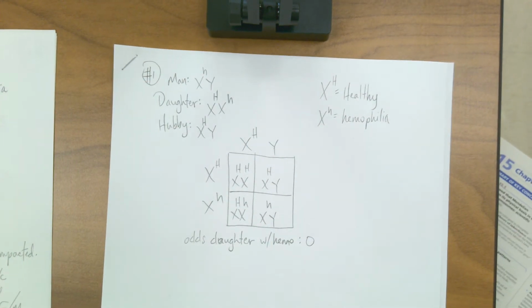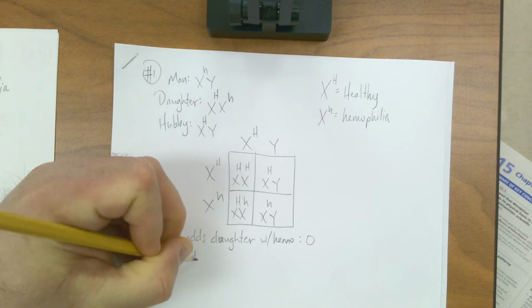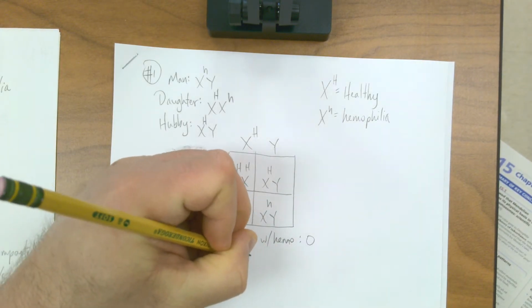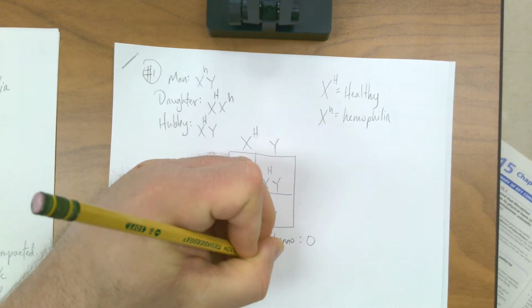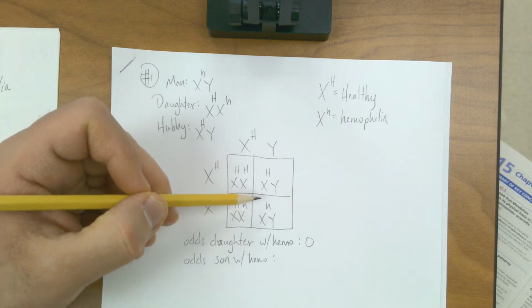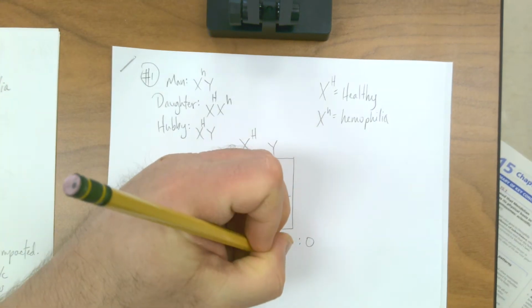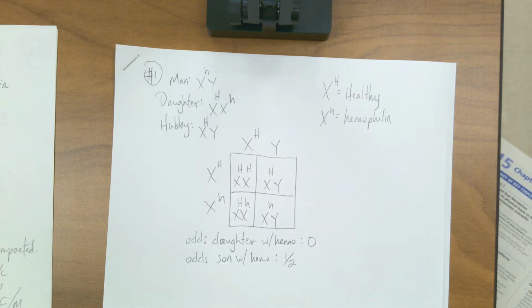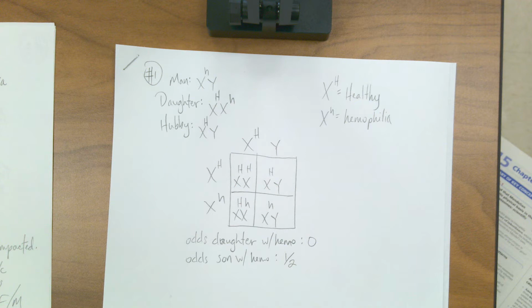The next question is, what about a son? Okay, so the odds that a son would have hemophilia. Well, if we look at the son, we're looking at just the boys, so that is 1 out of 2. So odds are half.